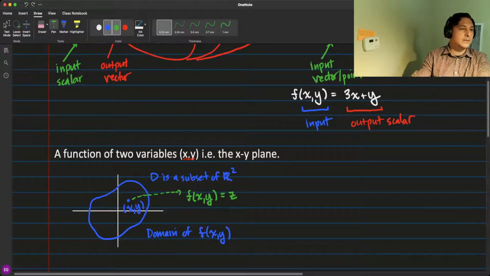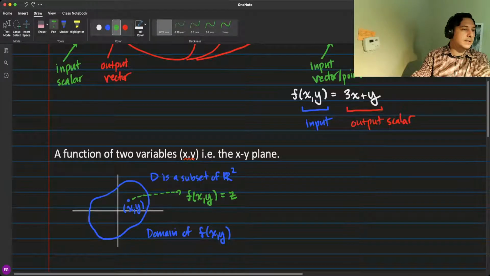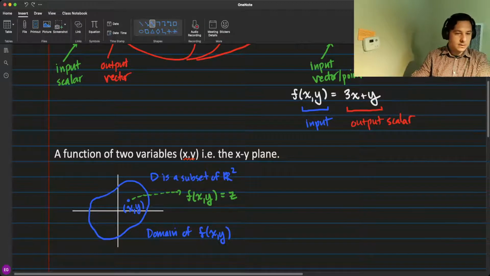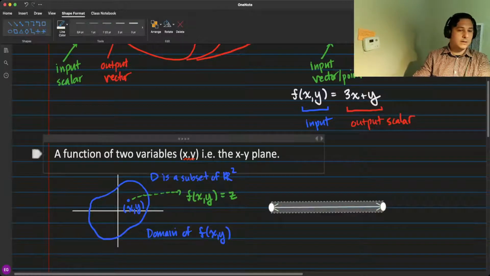And this single number z is a point on R1, which is the real number line.